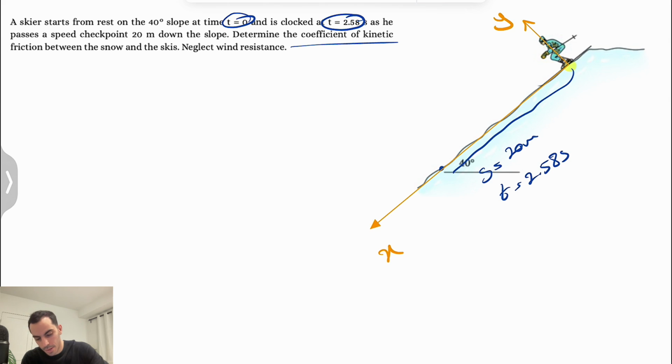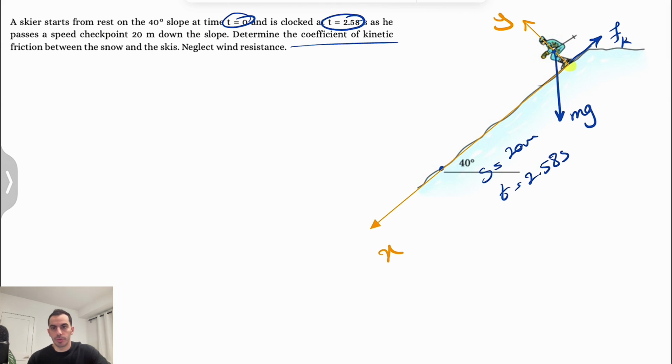If we want to show all the forces, obviously we have the weight of this skier, which is going to be vertical, and on top of that we have the friction between the skis and the snow, where we can call it Fk.